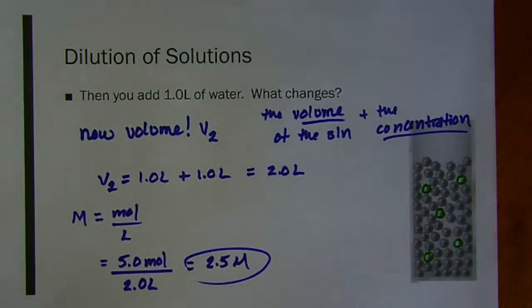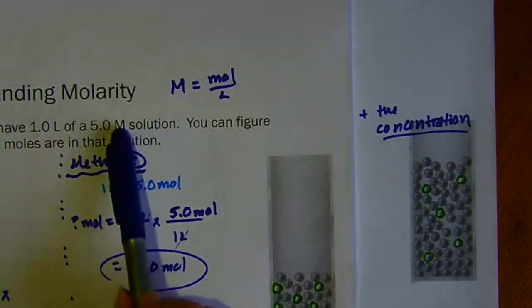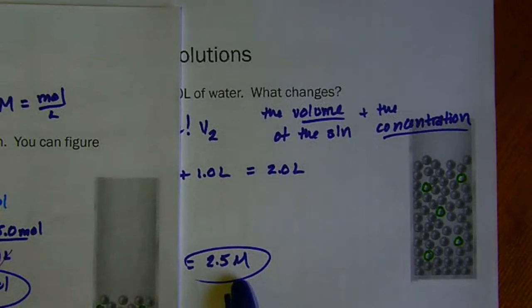So notice that our concentration dropped from 5 molar to 2.5 molar because we changed the volume of our solution by adding more solvent to it.